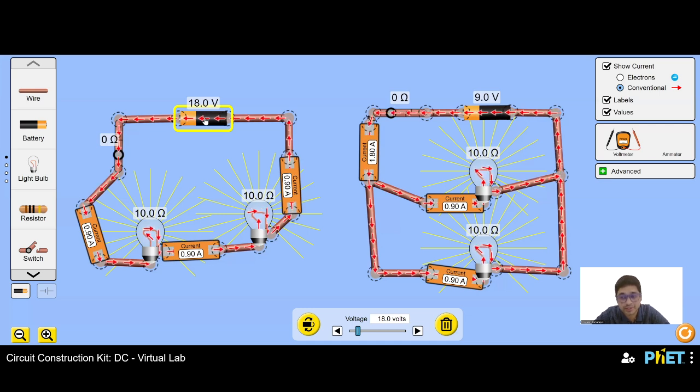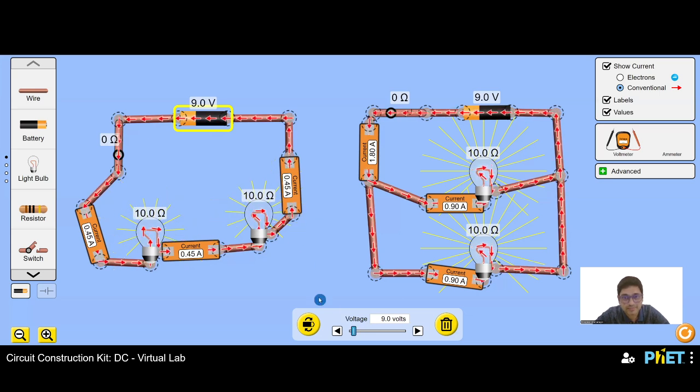You have doubled the input source, which is the voltage source in this case. All right. So both are not the same. So let's get back to 9 volts. Yep. Intensity is less for sure, 100%.